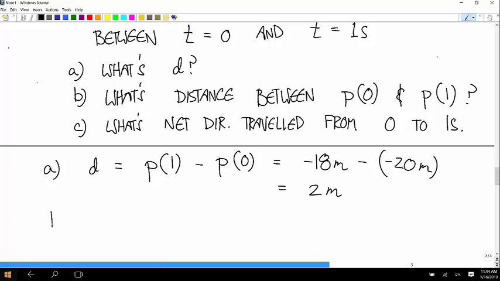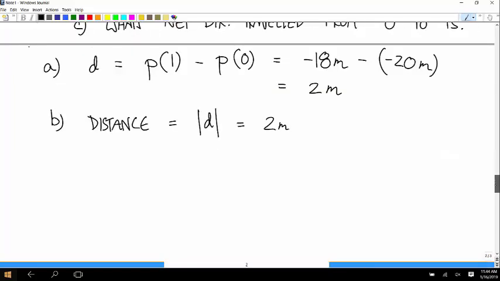What's the distance between those 2 points? Well, the distance between those 2 points is just the absolute value of the displacement, which is 2 meters again. And then the last one is, what's the net direction that the object traveled in that distance?